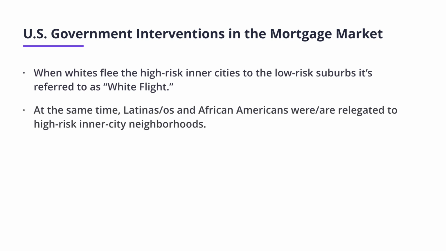So likewise, what you see is when whites flee to the suburbs, in the 1930s, 40s, 50s, into the 60s, African Americans and Latinos and Latinas remain in the inner cities, and also Asian Americans and others. And those places are neglected.